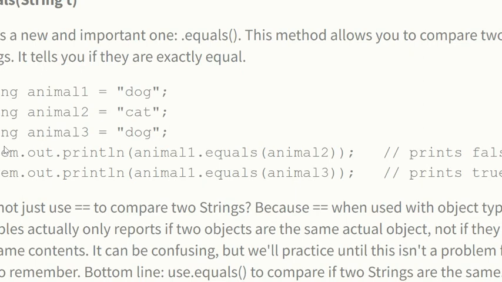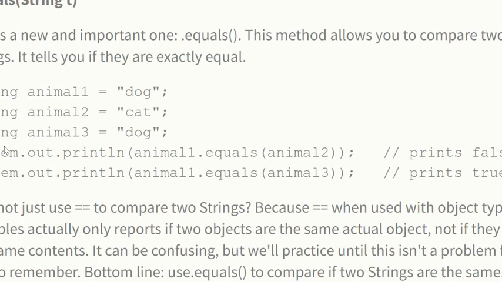2 more methods. Dot equals. Dot equals is how you can tell if 2 strings are the same or not. You can't use 2 equal signs like you can with primitives. We haven't had an occasion to do this yet, but we will.